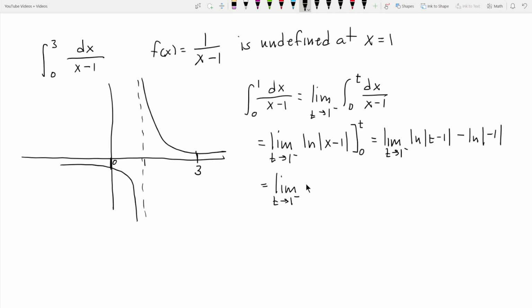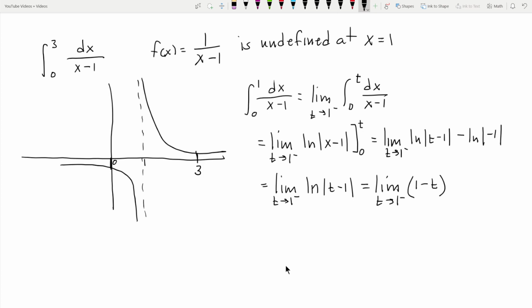So basically I have just ln of the absolute value of t minus 1, which is the same as 1 minus t. It doesn't really matter which way I do it. 1 minus t is positive if we're approaching from the left, so that allows me to drop the absolute value sign.